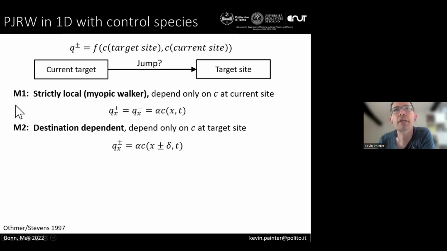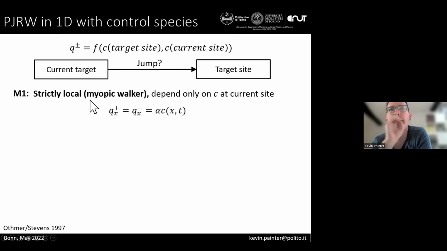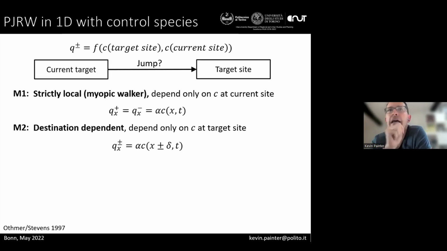Okay. So as I say, here is where I was at. We've got different ways that we could choose to jump right or left. We could have a strictly local myopic model, so you only base your information on your current site. You could have a destination dependent one, where your probability to jump depends only on the information at the target site.